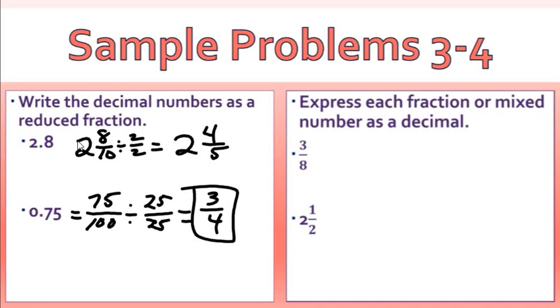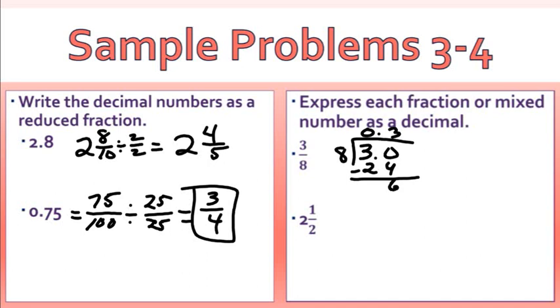Express each fraction or mixed number as a decimal. Just like our previous lesson with percents, we can do the same thing by dividing the numerator and the denominator and write this as a decimal. So I'll put 3.0, put my decimal point up here. 8 cannot go into 3, so I'll put a 0 there. 8 goes into 30 3 times. 8 times 3 is 24.